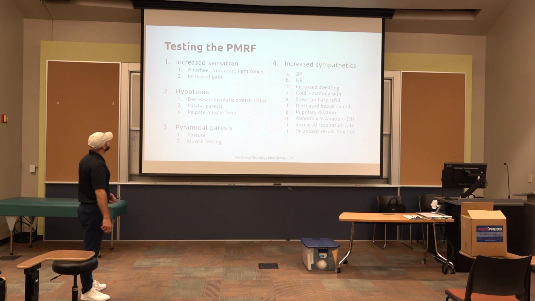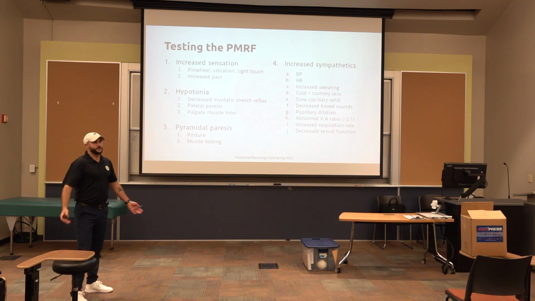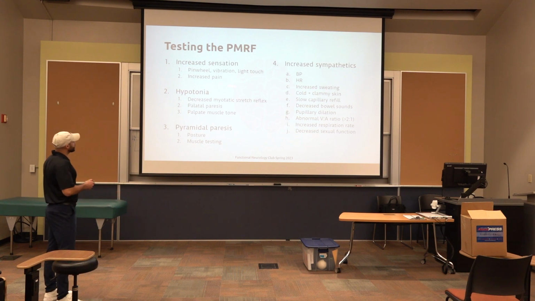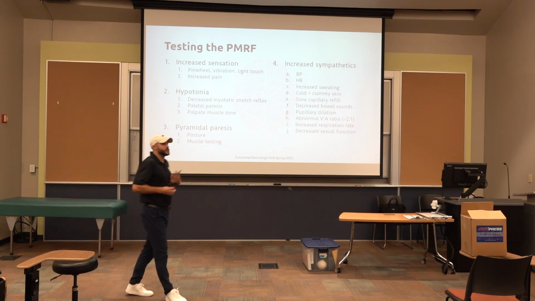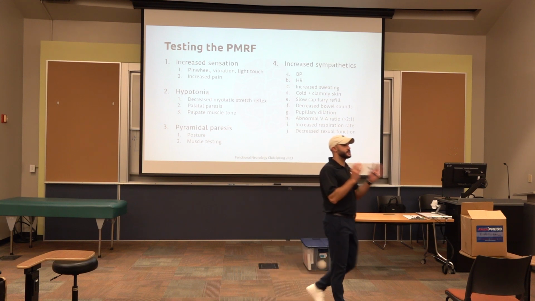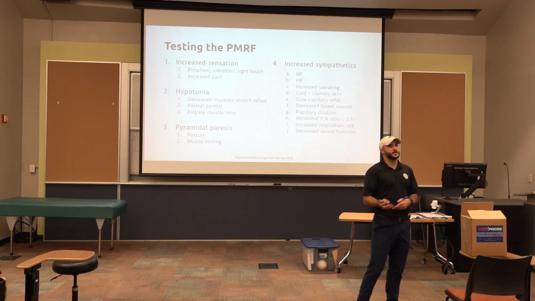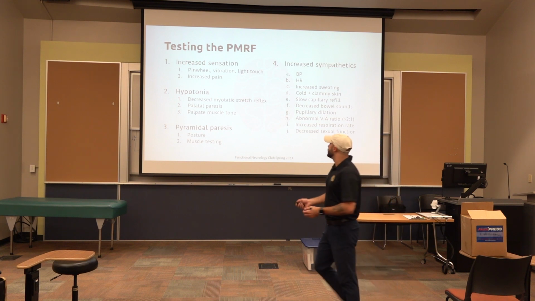Okay, so how do we test the PMRF? Everything tests the PMRF, especially vitals. Increased sensation, so you're going to look at pinwheel, vibration, light touch. If people struggle with sensory information, if they're always overstimulated, if they don't like being touched, they're pretty dysautonomic, and typically trauma leads to a dysautonomia.